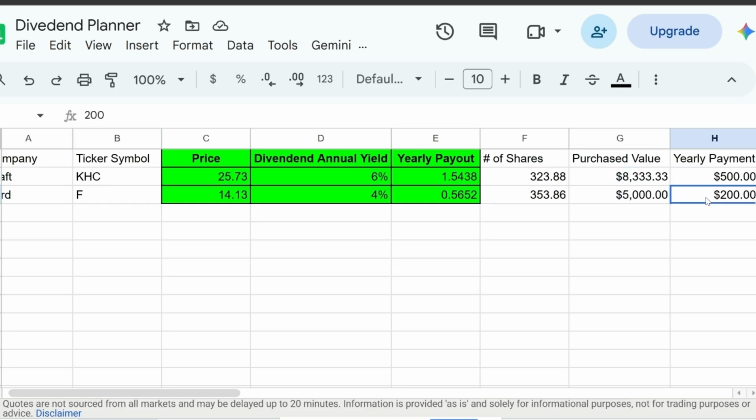If I want $200 a year from Ford, I have to buy 353 shares, and that's going to cost me right around $5,000. So now with this planner, I have the ability to figure out how much I want to make from a dividend, and based on its yearly payout, on its dividend annual yield, it's going to tell me exactly how many shares I need to buy and the purchase cost of those shares.